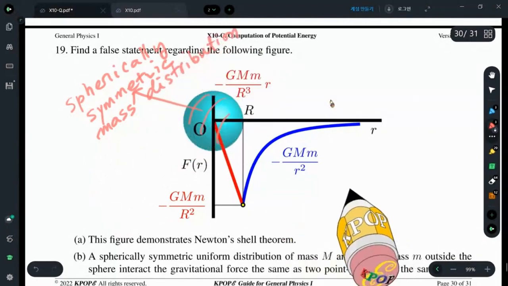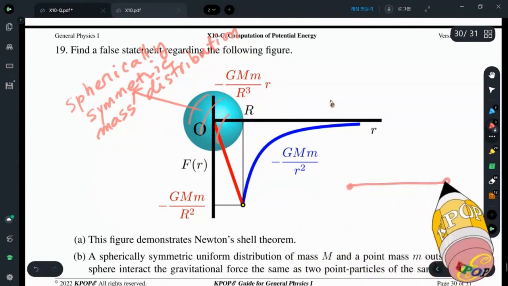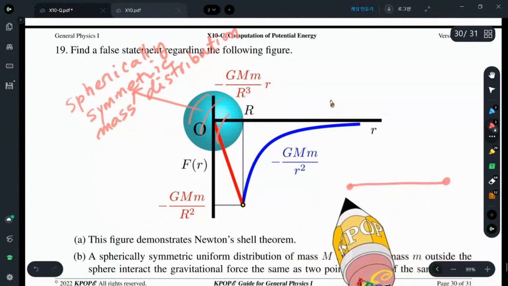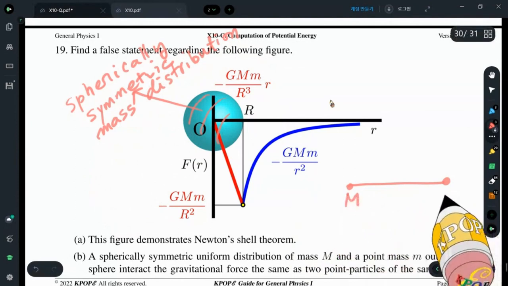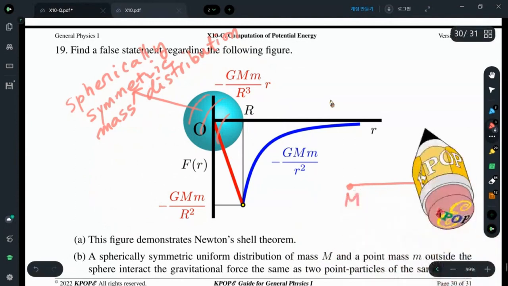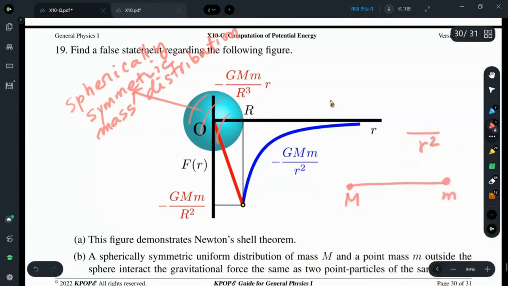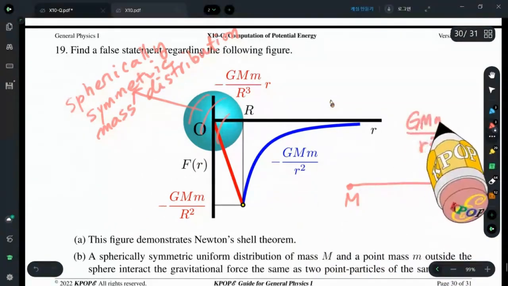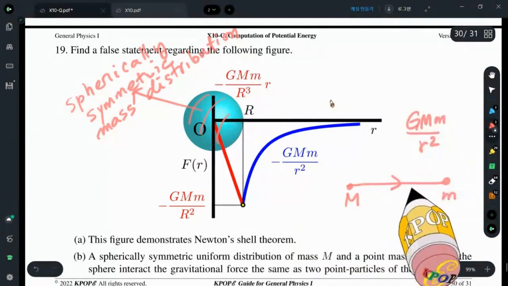then you know how to compute the gravitational force between two point masses, capital M and small m. Then the gravitational force is GMm over r squared, and they are attractive.